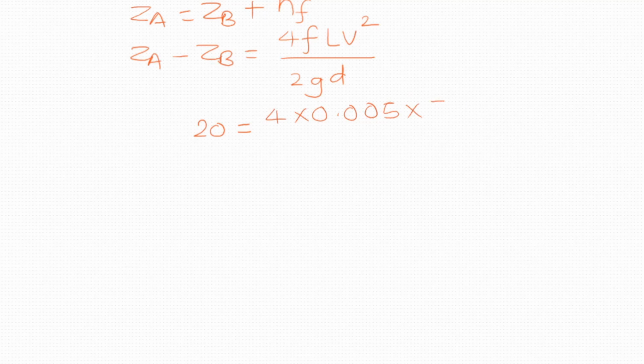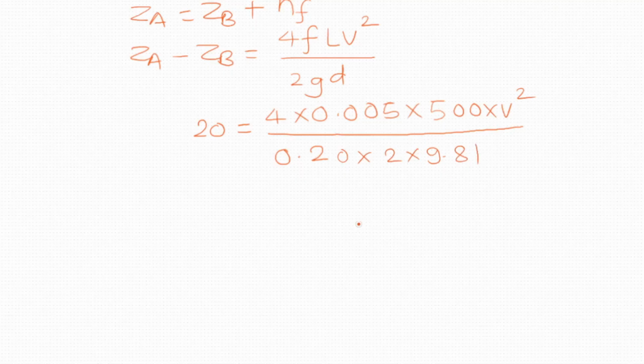The length of the siphon is 500 meters. The value of velocity is not known, so I keep V square. It gives 0.2, that is the value of diameter, into 2 into 9.8.